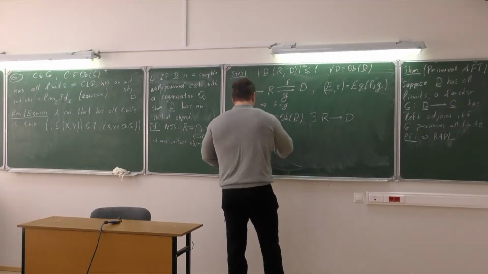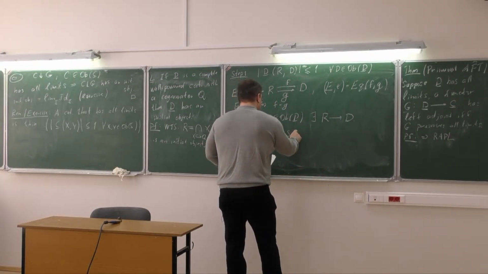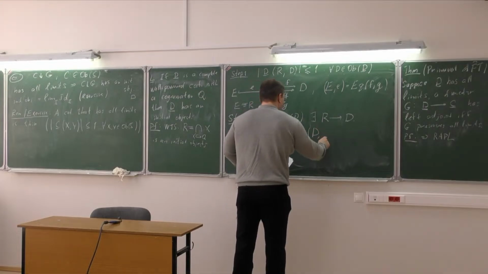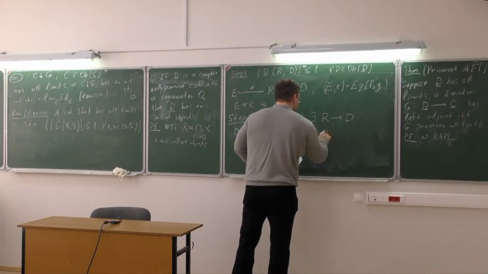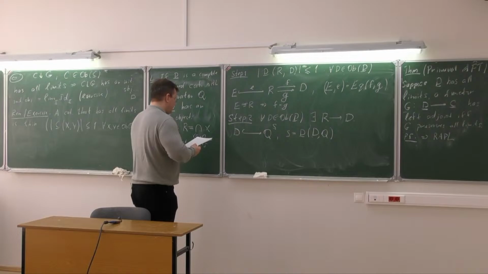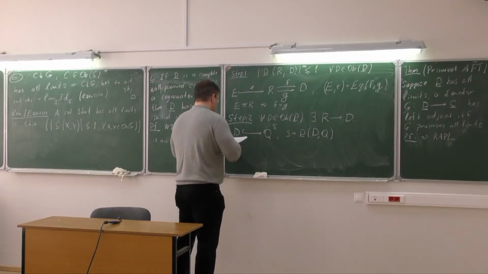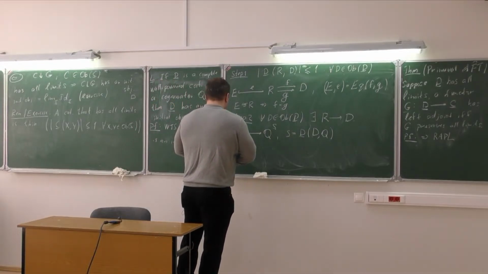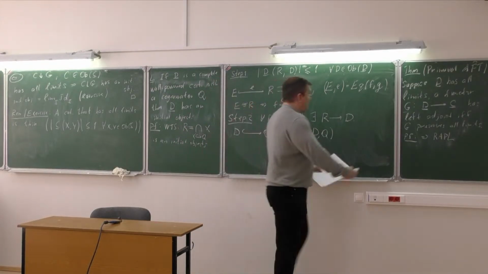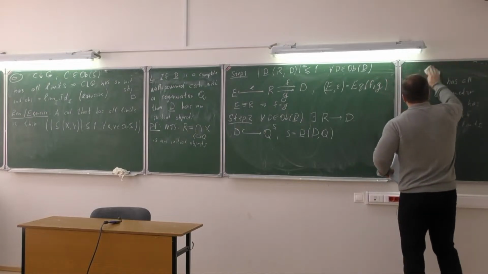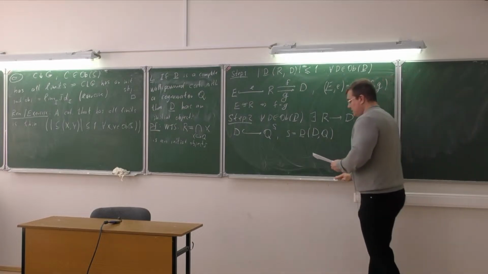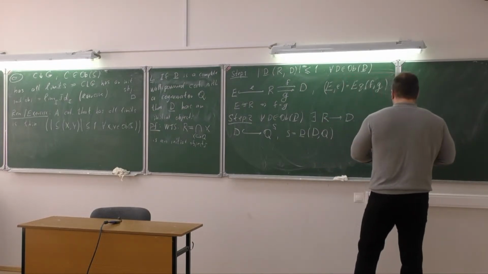So everything is opposite. So I can embed this into some power of the Q. In fact, as before, I can take the set S of all the maps from the object D to the cogenerator Q. The proof will work with this set. Now I look at the pullback diagram.